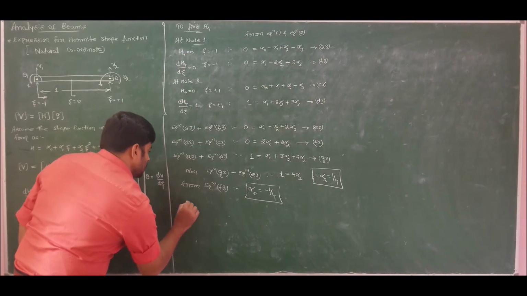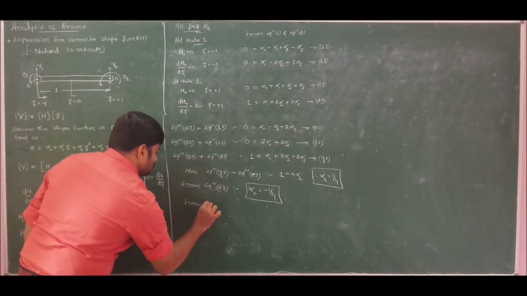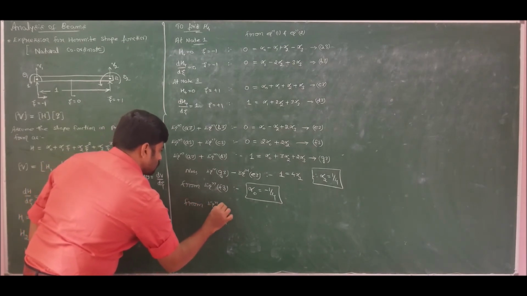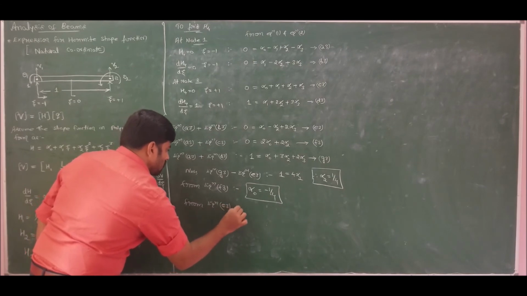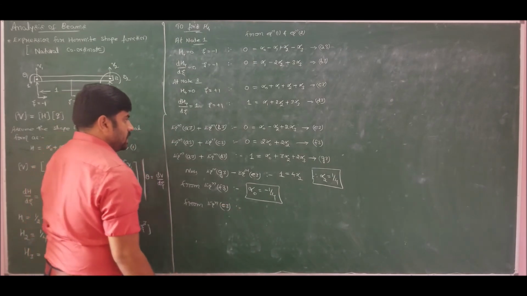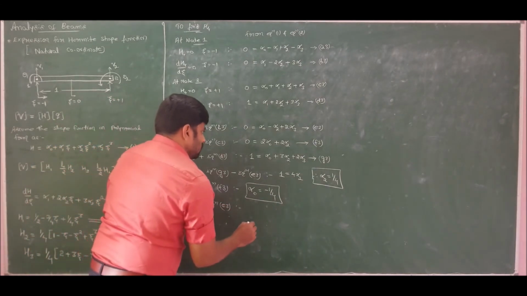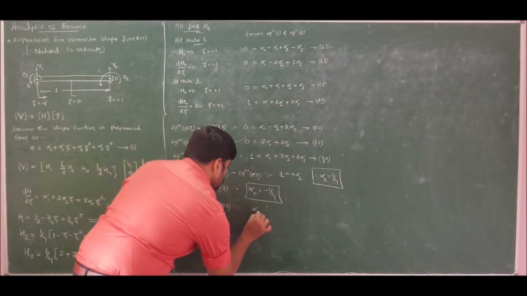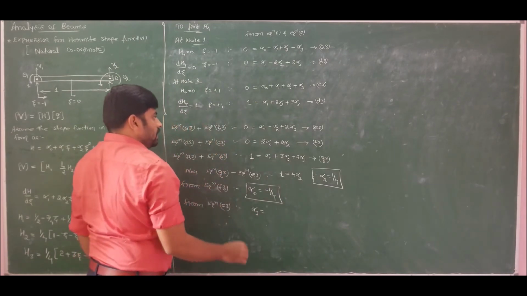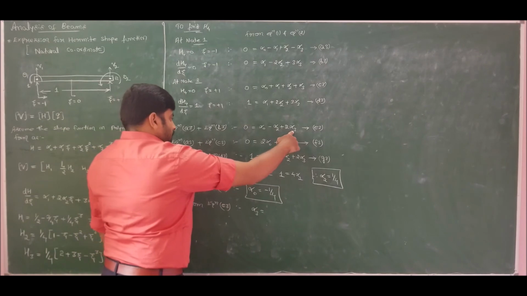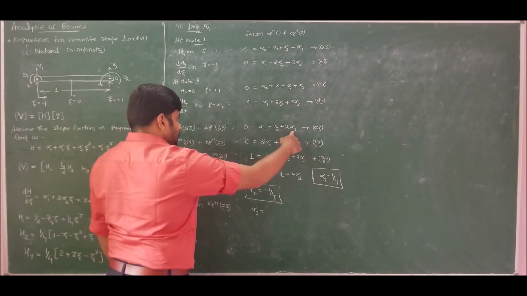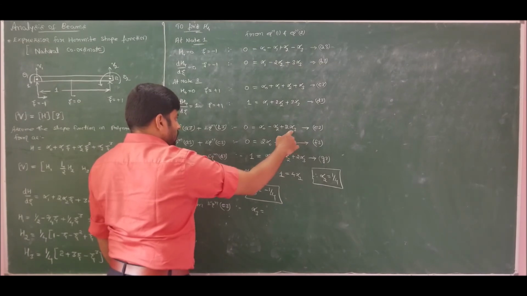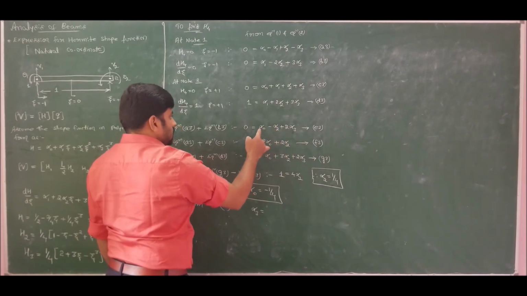Now from equation E3, alpha 3 will be, alpha naught is minus 1 by 4, alpha 2 is plus 1 by 4. So it will become minus 1 by 4, minus 1 by 4 is minus 2 by 4, it is minus 1 by 2.